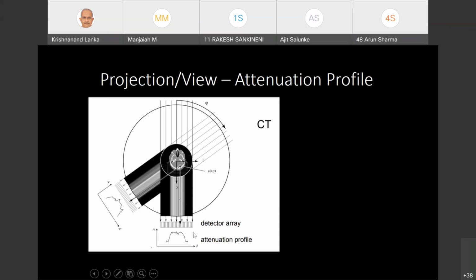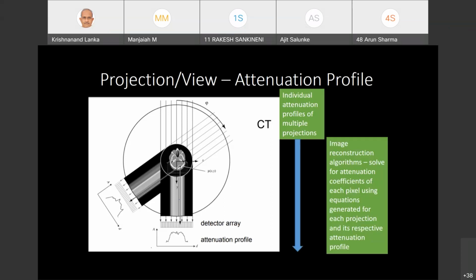Similarly from this side. Like that, depending on 180 or 360 degrees, you take snaps of it, and then you get the individual attenuation profiles of multiple projections, and you get the final image.